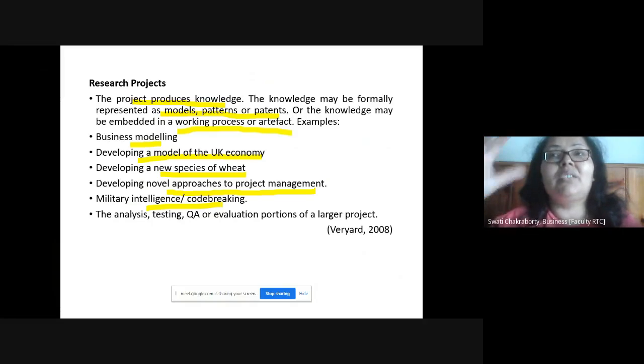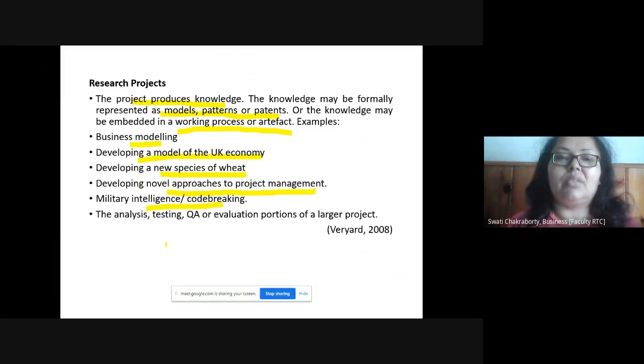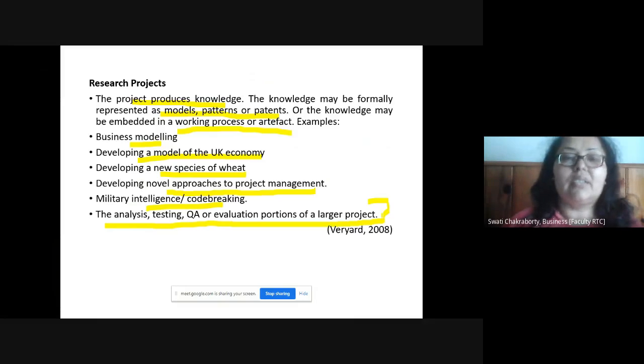That happens when your enemies try to attack and they try to break the codes, right? They do it. The analysis, testing, question answer, or evaluation portions of a larger project. You will be using this. This is something which you're going to do.